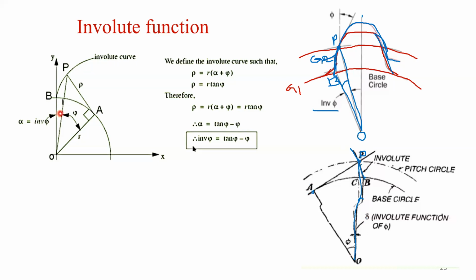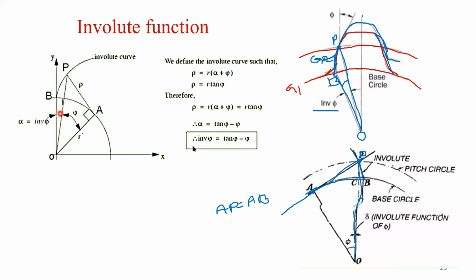And if you join A and P, it forms part of the line of action. According to the definition of the involute, the arc length AB is the same as the tangent length AP. So AP is equal to AB.